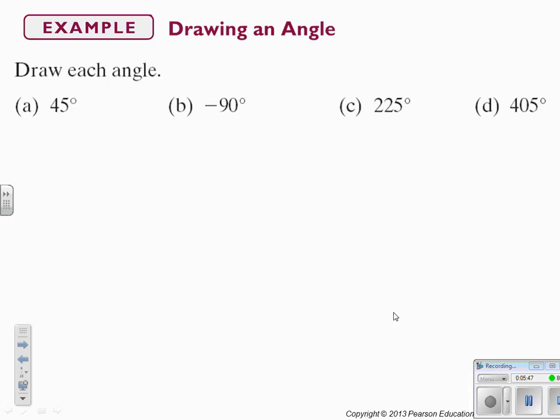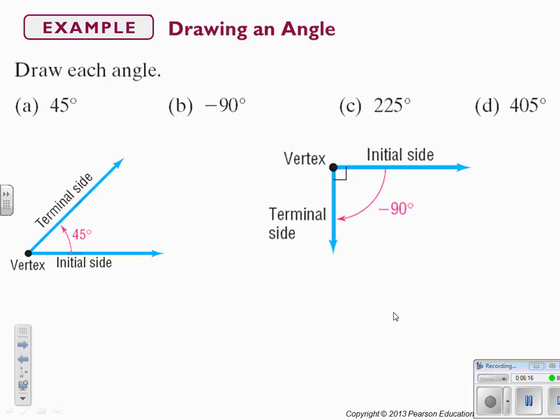Okay, so now we are going to draw some angles. I would do this definitely on graph paper, because of having that x and the y. So 45 degrees starts in standard position and goes up to the sky. Negative 90 starting in standard position rotates clockwise so that its terminal side is pointing down. 225.